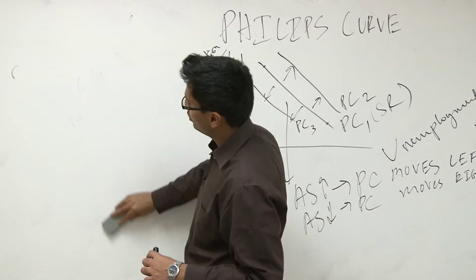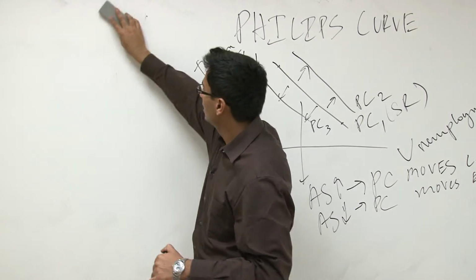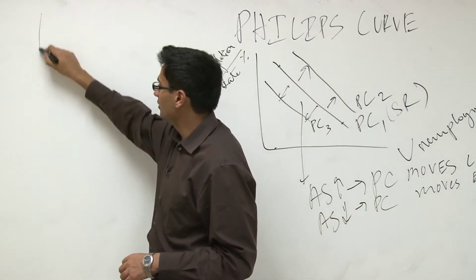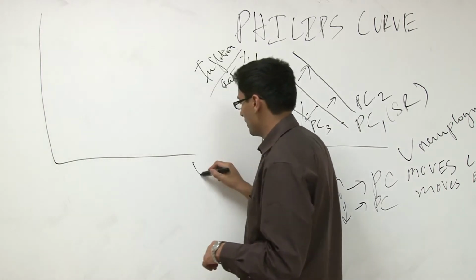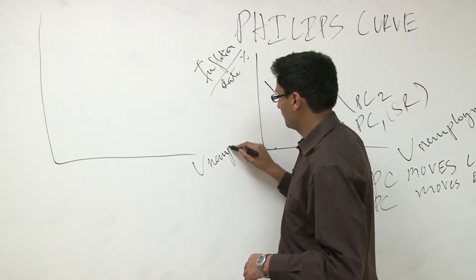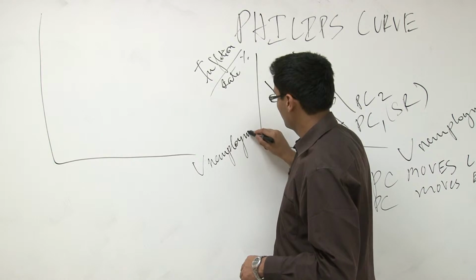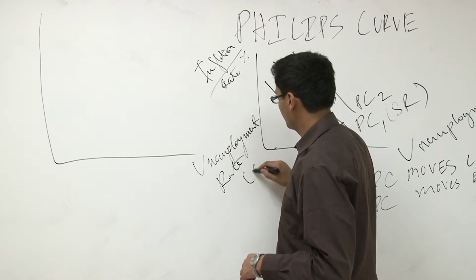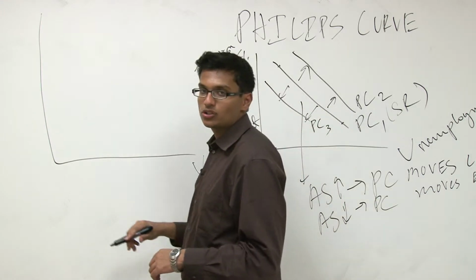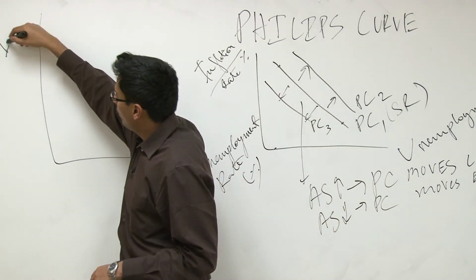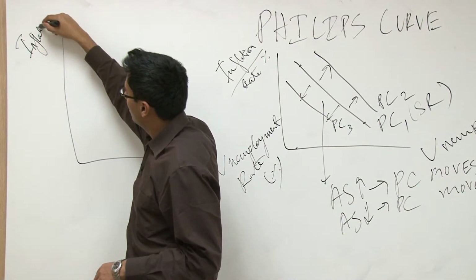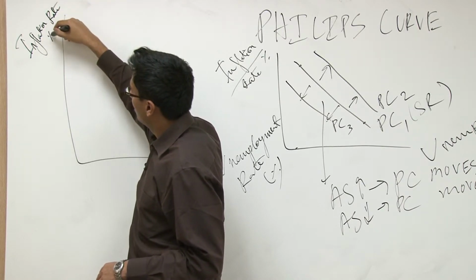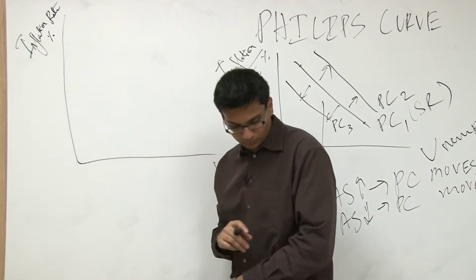And the Phillips curve actually kind of looks like the long run aggregate supply. And what do I mean by this? Well, first let's graph it. As usual, we have unemployment rate as a percent, of course. And then we have inflation rate on the y-axis, as a percent as well.